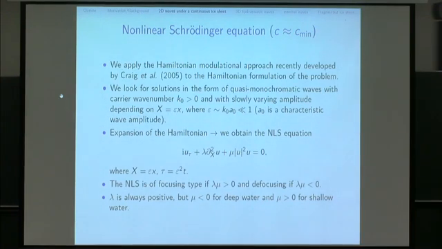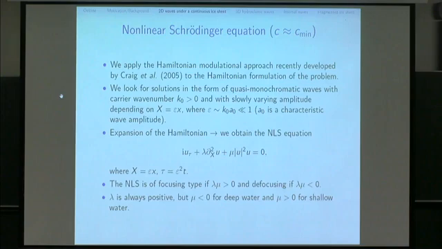On the other, more important limit, the C min, the speed, you can apply again some modulation approach, which was used by Walter Craig, for example, and some other people. And you can derive after some work some nonlinear Schrodinger equation around this C min, which is, as you know, focusing if lambda mu is positive, or defocusing.